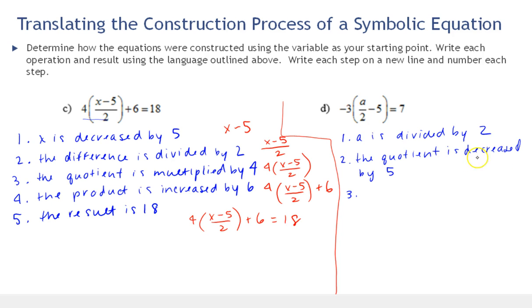So since we just decreased, this is a difference. So the difference is multiplied by -3. And then that's the entire left-hand side of the equation, so the result is 7.